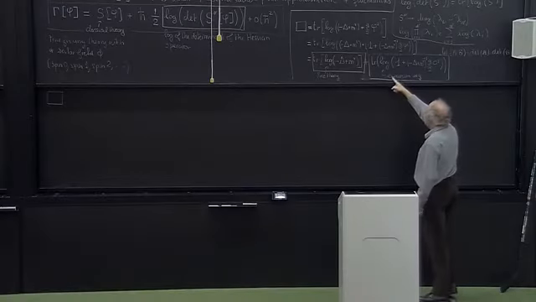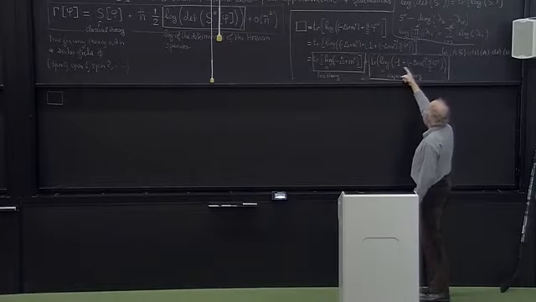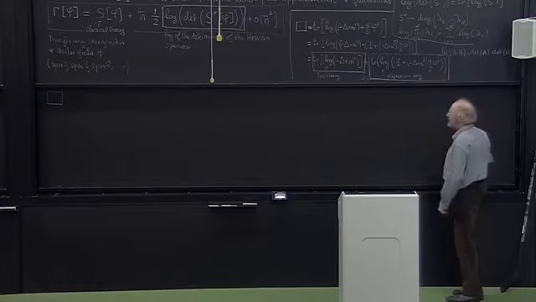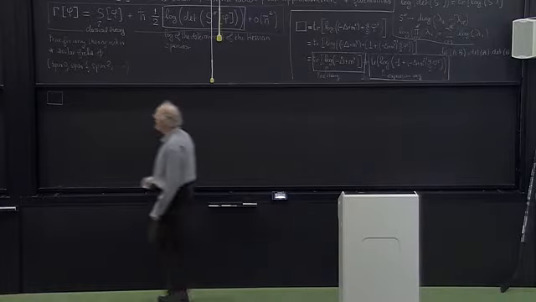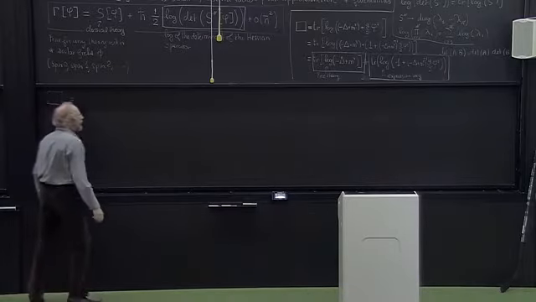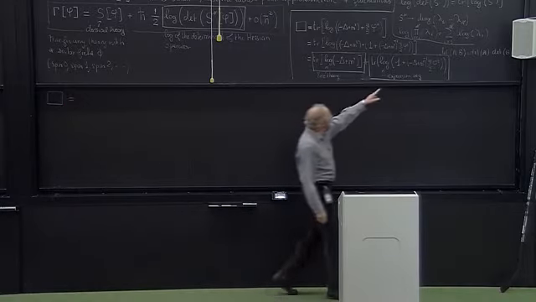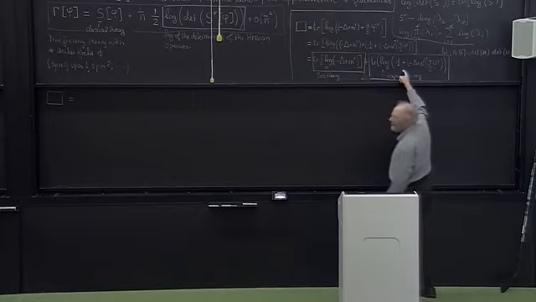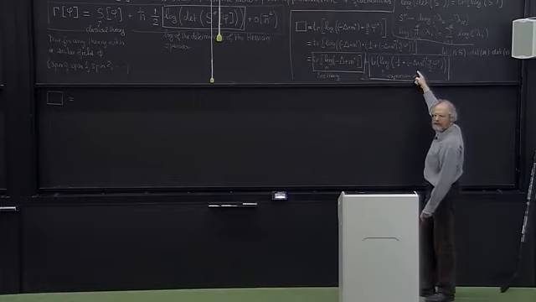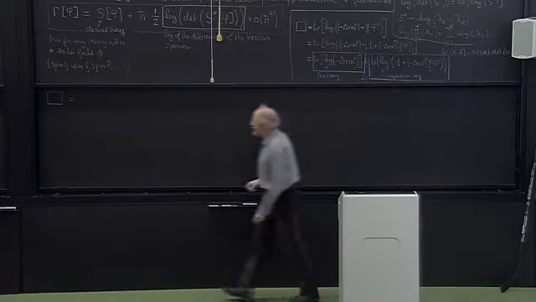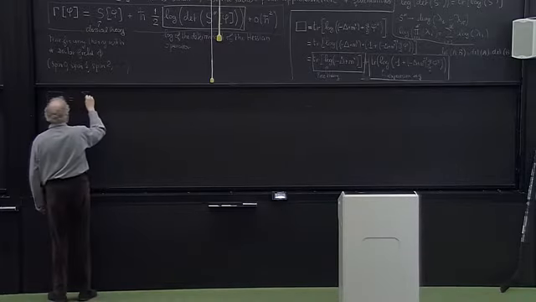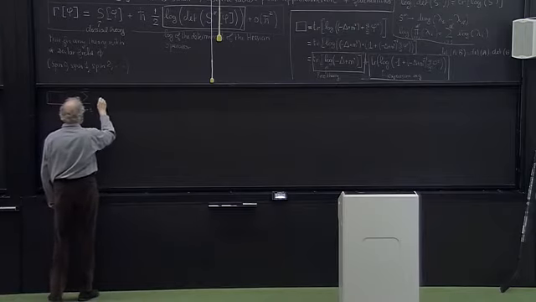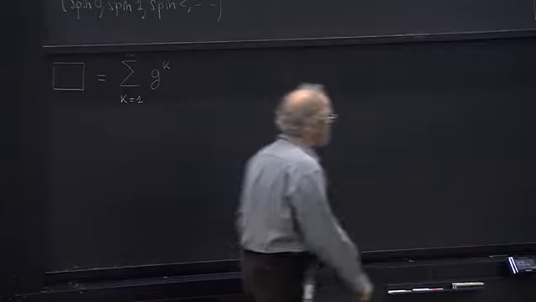So what I have to do is compute the trace of a log of 1 plus something. So I just expand the log. I use the fact that log of 1 plus x is x minus x squared over 2 plus x cubed over 3, etc. So this is going to be just the sum from k equal 1 to infinity of the term in g to the power k.